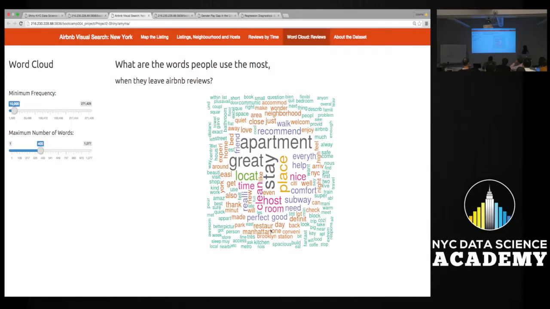And also, the really funny thing I wanted to talk about is that when I did text mining, I found there are a lot of Chinese and Japanese words. So I went over them a little bit and found people focus on different things. American people really focus on whether this place is really nice or comfortable.